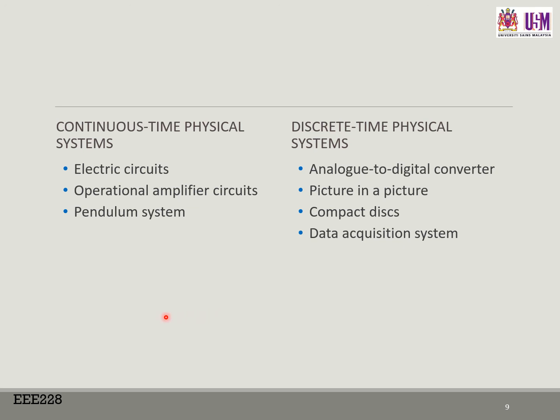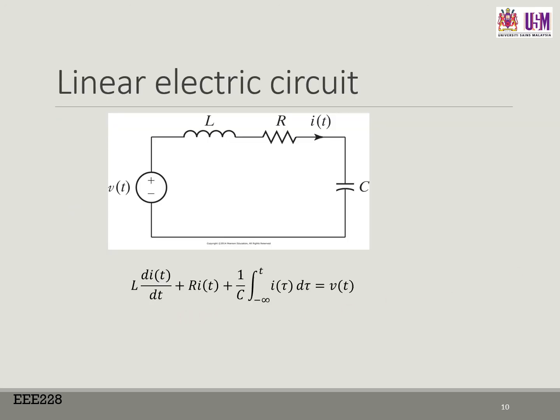Here are some examples. Let's first look at a linear electric circuit. Does this circuit look familiar? This is an RLC circuit. This circuit can be represented by this first order differential equation.